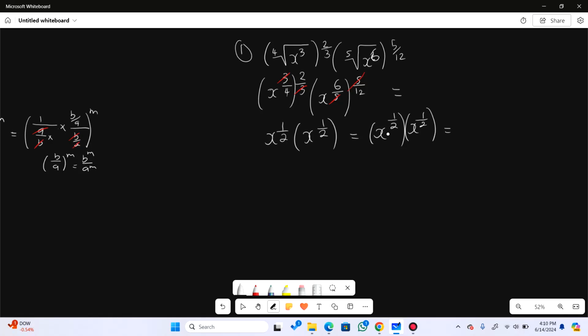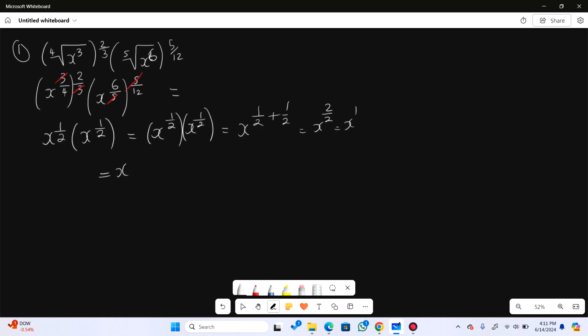Now you can see that we have the same bases, meaning we are adding the exponents. So a half plus a half should give us x^(2/2), which is the same as x^1. So my final answer in that case is x.